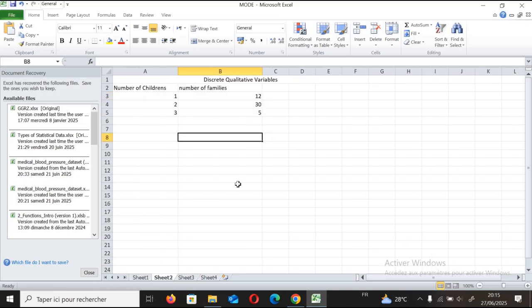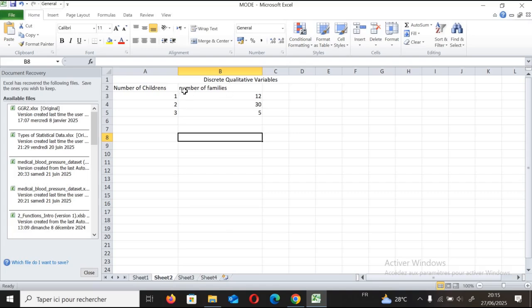Let's talk about the case in discrete quantitative variables. Here we have the number of children and the number of families. How many families have one child? How many families have 2 children? And how many families have 3 children? For number of families that have 1 child, we have 12.